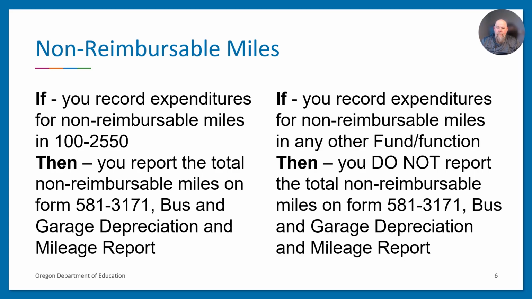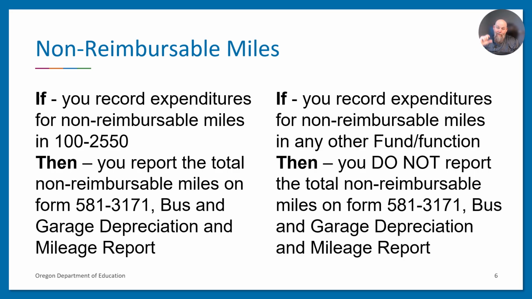If you're recording those expenditures in any other fund or function, you do not want to report those on that Form 3171. And if you think about that, I'm not putting those expenditures in 125.50, so I'm not getting reimbursed for them.